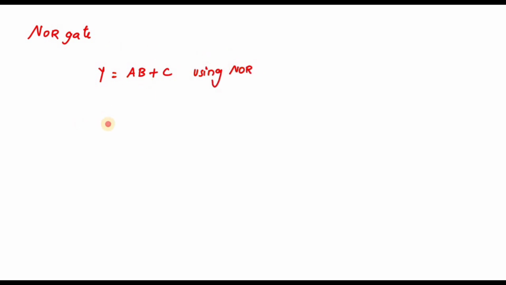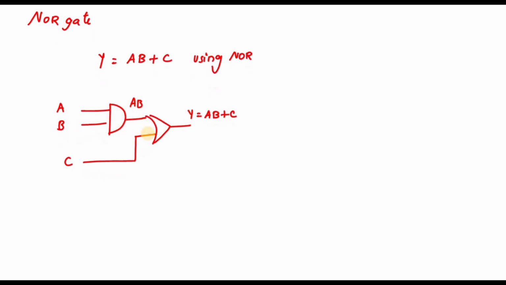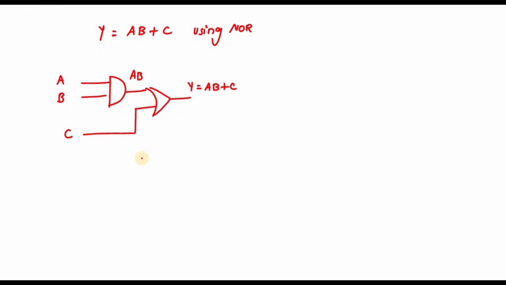First, you have to draw this one. So this is AB and this is C. So y is equal to AB plus C. So I'm going to convert this one into a NOR gate. In order to convert this one into a NOR gate, you have to add two more inverters to the input of the AND gate.